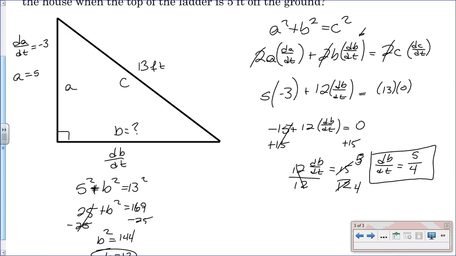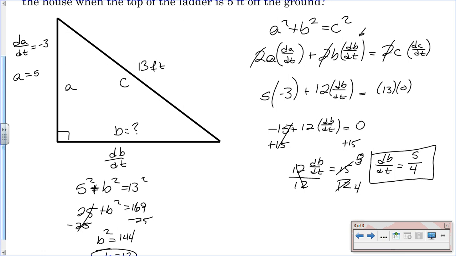The important thing to remember is that if one side of your triangle is never changing, when you take the derivative of that side with respect to time, it is always going to give you a 0, because it's not changing. There's no variable in it, so you're taking the derivative of a constant.